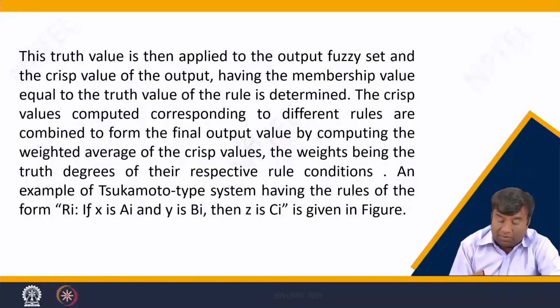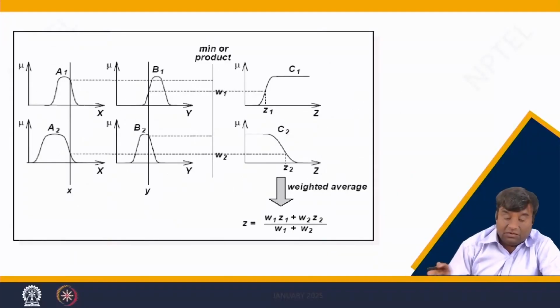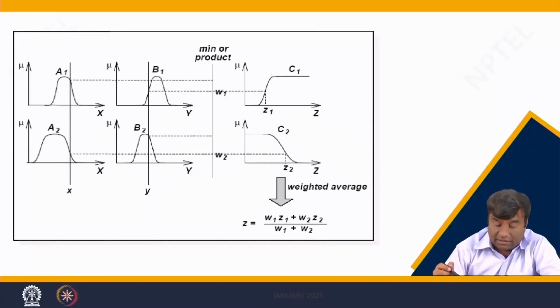An example of the Tsukamoto type is given; see the figure. Here the rule is that if x is A1 and y is B1, then z is C1.